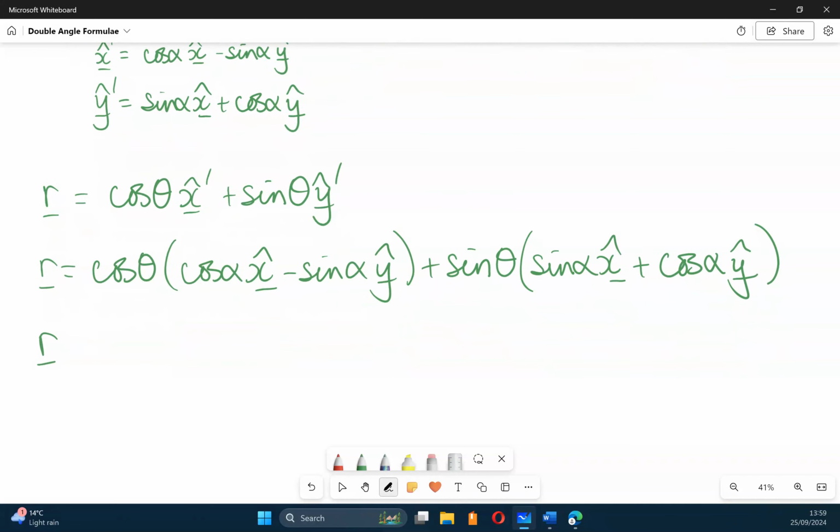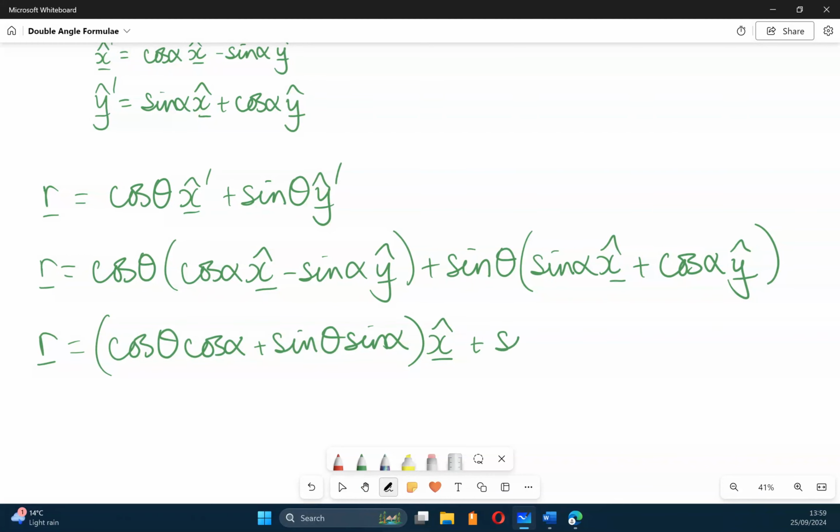And then collecting like terms, we get (cosine theta cosine alpha plus sine theta sine alpha) x hat, and then plus (sine theta cosine alpha, again using the second term first, and then minus cos theta sine alpha) y hat.